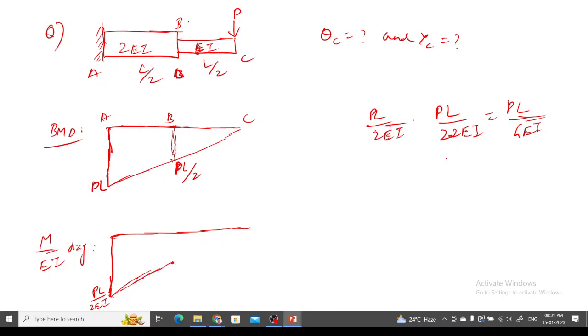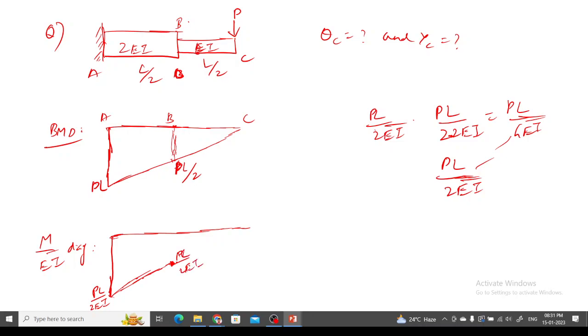And again, when I calculate at point B, PL by 2EI, when I am taking from the right-side cross section. So these two values I have to put here. Will this value be PL by 2EI or PL by 4EI? PL by 4EI.